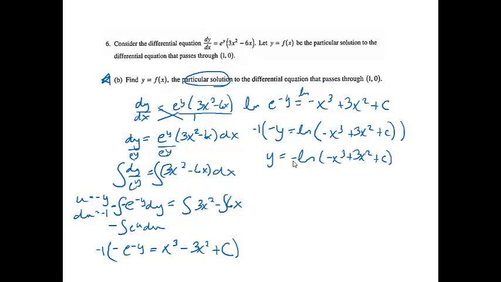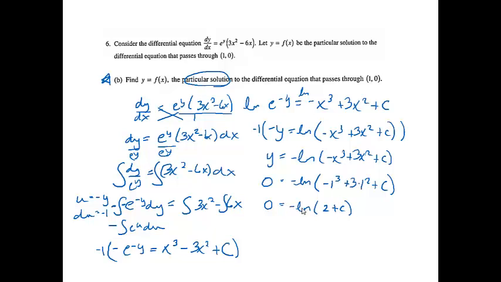And then from here we can go ahead and find our c since we know it passes through the point 1, 0. 0 will be my y. And then I'll get negative 1 cubed plus 3 times 1 squared plus c. That will give me 0 equals negative natural log. Let's see, that will give me negative 1 plus 3, which will be 2, plus c.